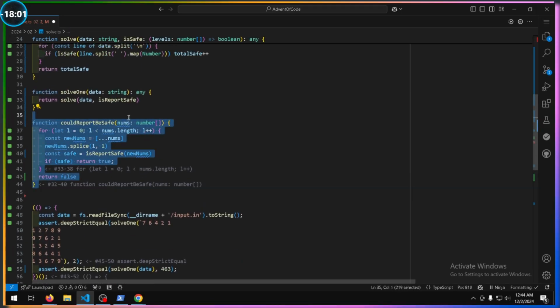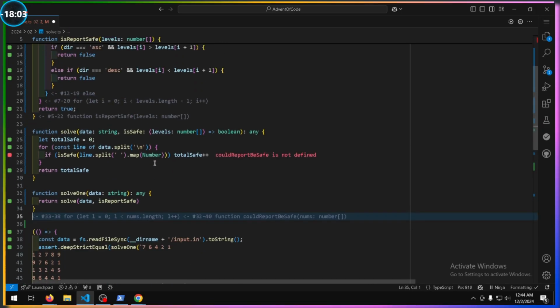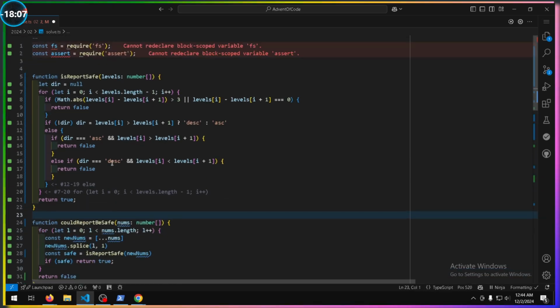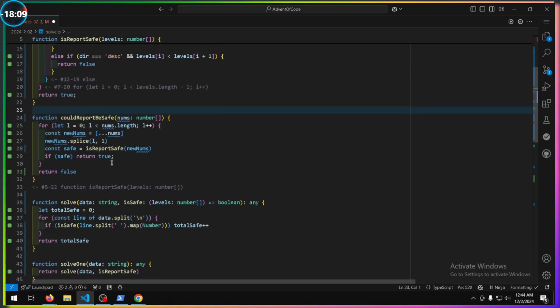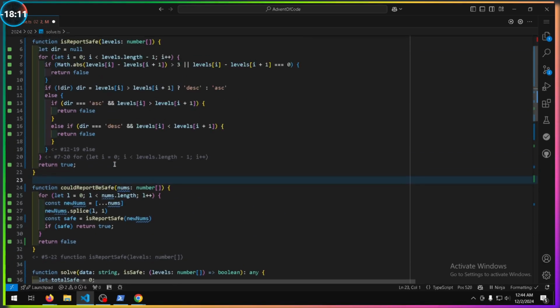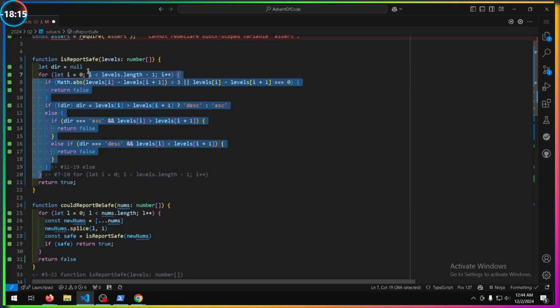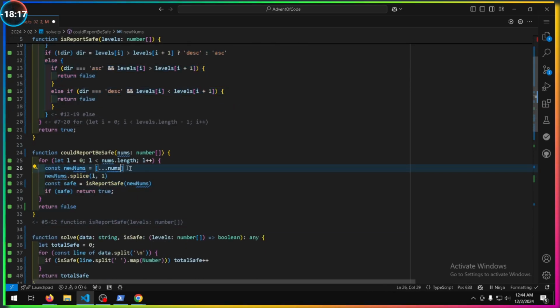Could report be safe? Now this is one that, as I was walking through it, I pointed out that there was room for optimization. I think these are the last two functions we can squeeze out anything for our refactor on: is report safe and could report be safe.